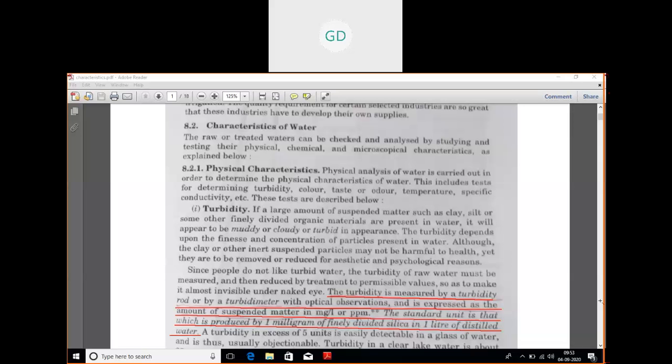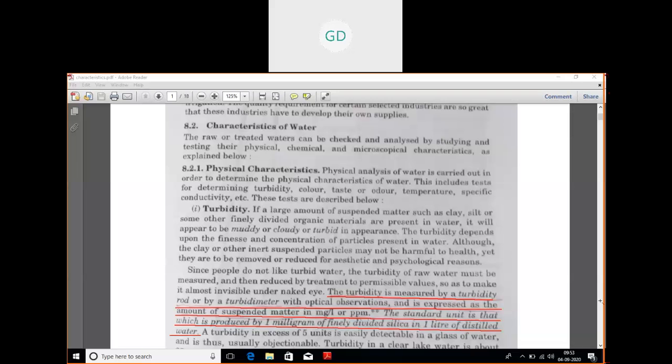Suppose someone says to you that in this sample of water the turbidity is 5 milligram per liter. That means in 1 liter of distilled water, 5 milligram of silica is present. Did you understand the point?